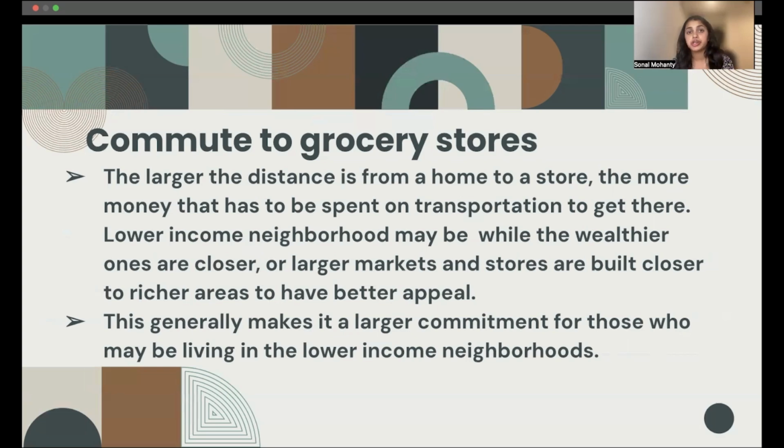Wealthier areas may have easier access, because if people want to build a huge market, they may build it in a wealthier area because it may attract more customers. This generally makes it a large commitment for those living in lower income neighborhoods. Again, the financially stable continue to stay stable because they don't have to spend as much on going to the grocery store, since it's affordable and built closer to them.